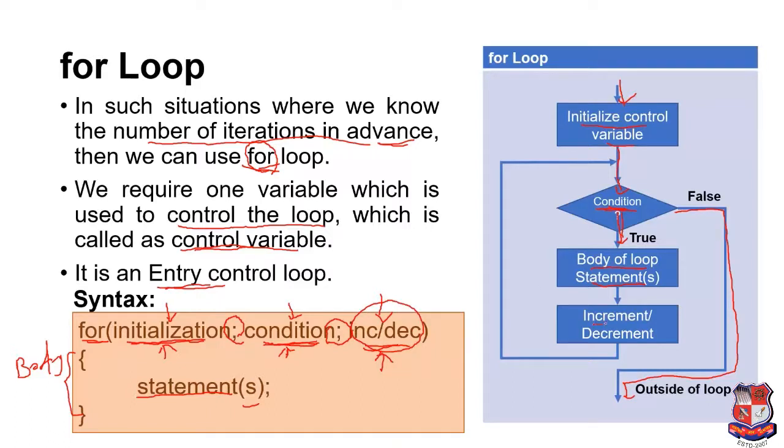So for the next iteration, the value of the control variable will be incremented or decremented, and then control is given back to the condition. After it, the condition is checked again. If the condition is true, then it will enter the body of the loop, otherwise it will give control to the outside of the loop. This is how the for loop executes.